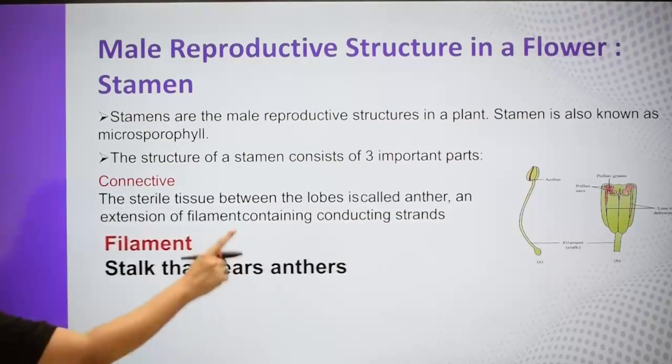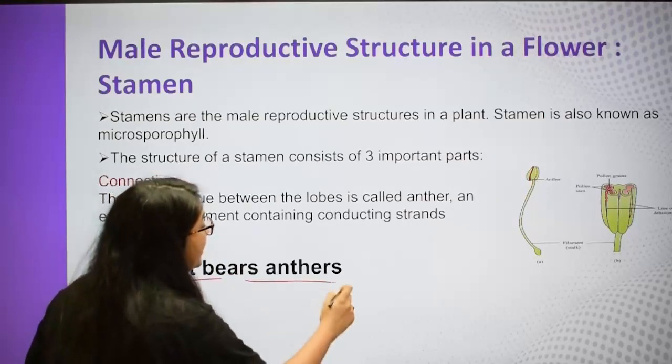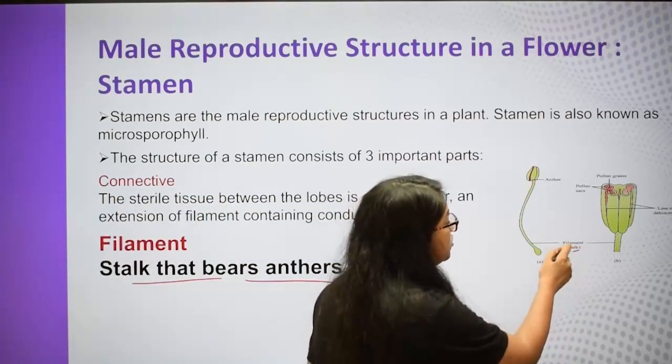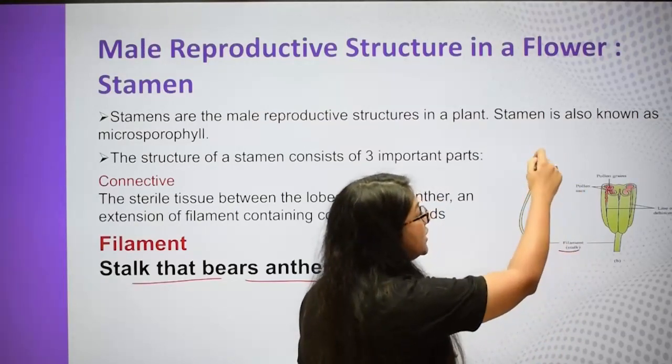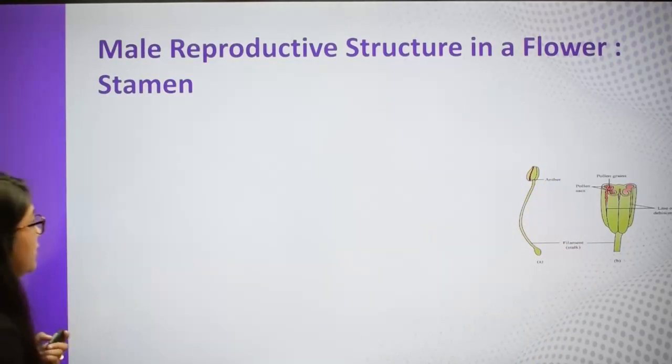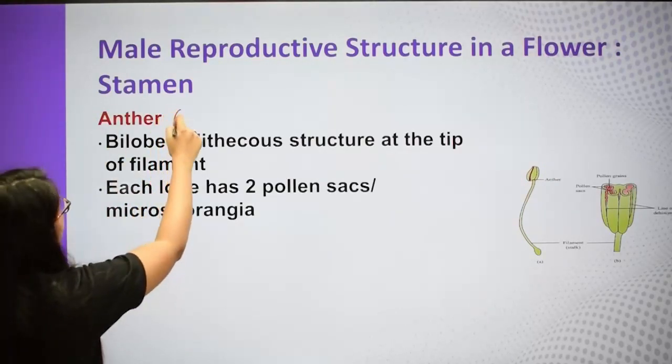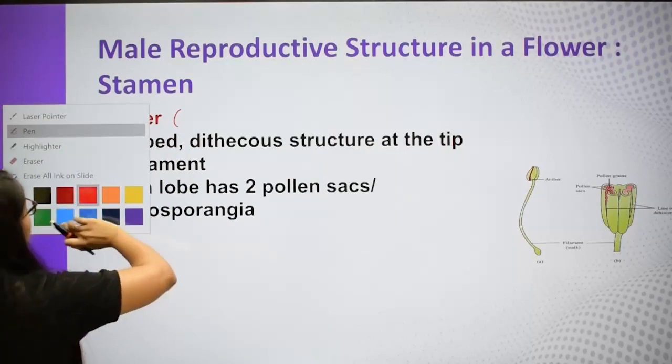Now moving further, filament is the stalk that bears the anther, right? We can see it in the diagram also. This is the stalk, and what is it doing? It is bearing the anther. Now, anther, this is very important.